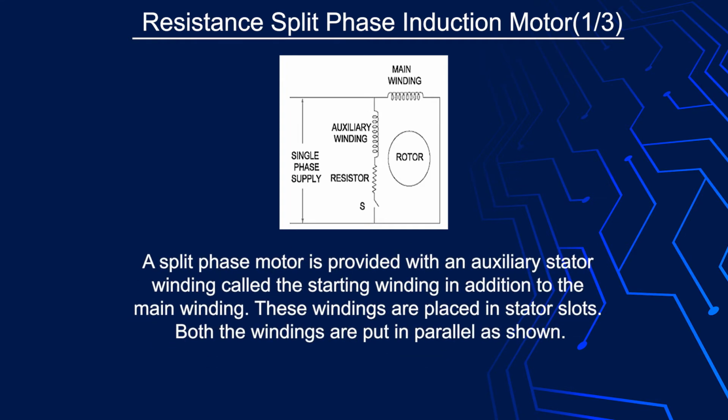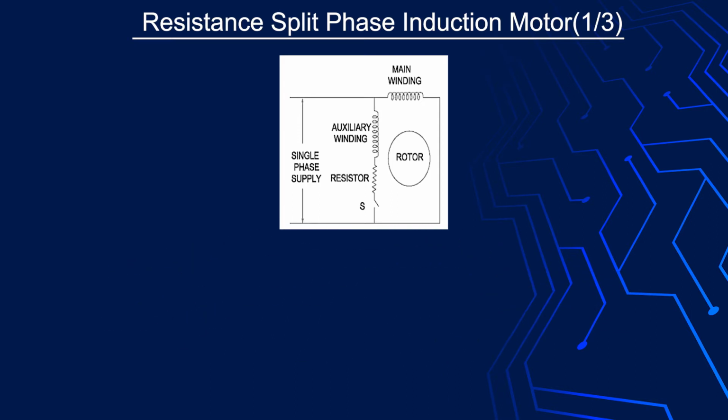The split phase motor is provided with an auxiliary stator winding called the starting winding in addition to the main winding. These windings are placed in the stator slots. Both the windings are put in parallel. You can have a look at the figure that both the windings are in quadrature, but they are parallel to the single phase supply.